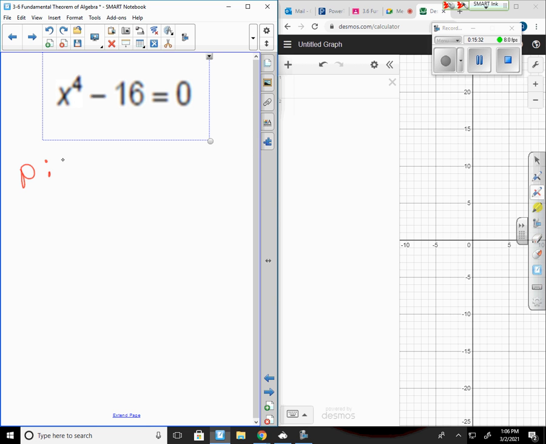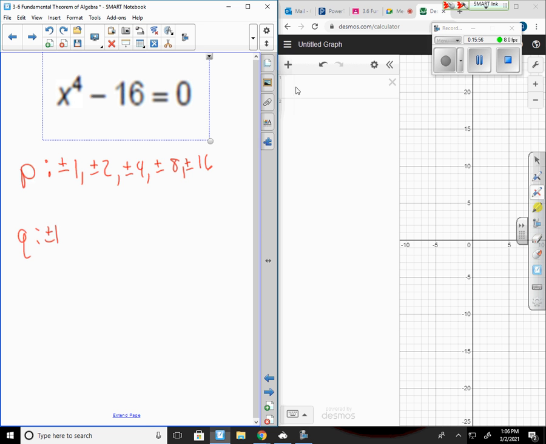It's going to be plus and minus 1, plus and minus 2, plus and minus 4, plus and minus 8, and plus and minus 16. Q is just 1 again. That tells me these are all of my p over q's.